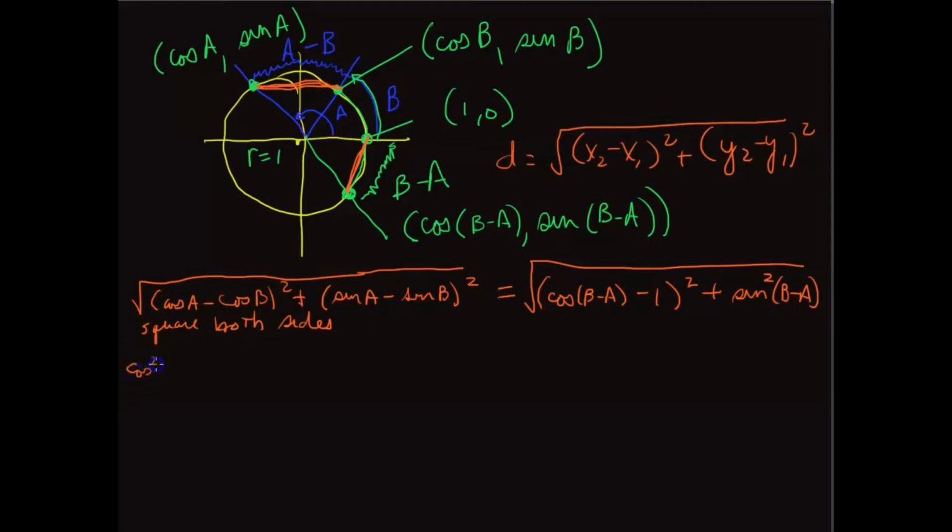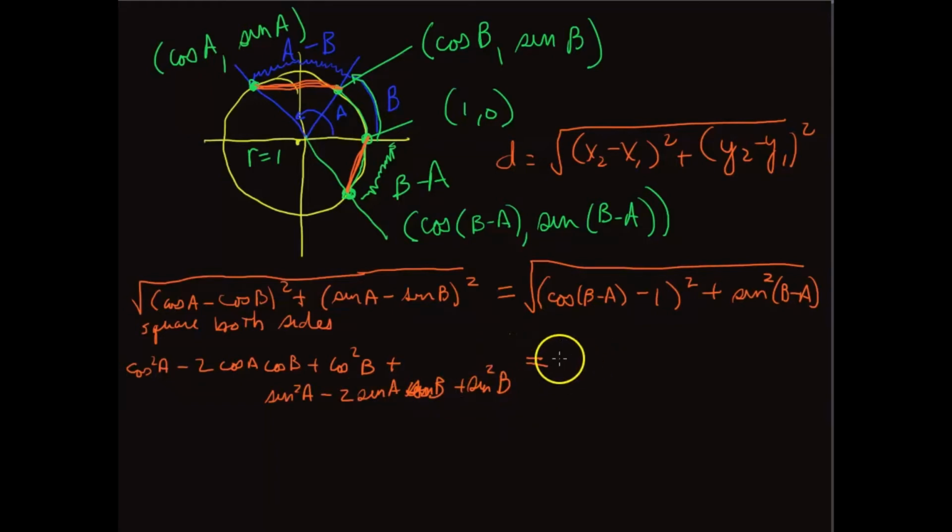It would be cosine squared A minus 2 cosine A cosine B plus cosine squared B plus, I'm going to put this underneath, the sine squared A minus 2 sine A sine B, that's a sine, plus sine squared B. Sine, sine, sine.